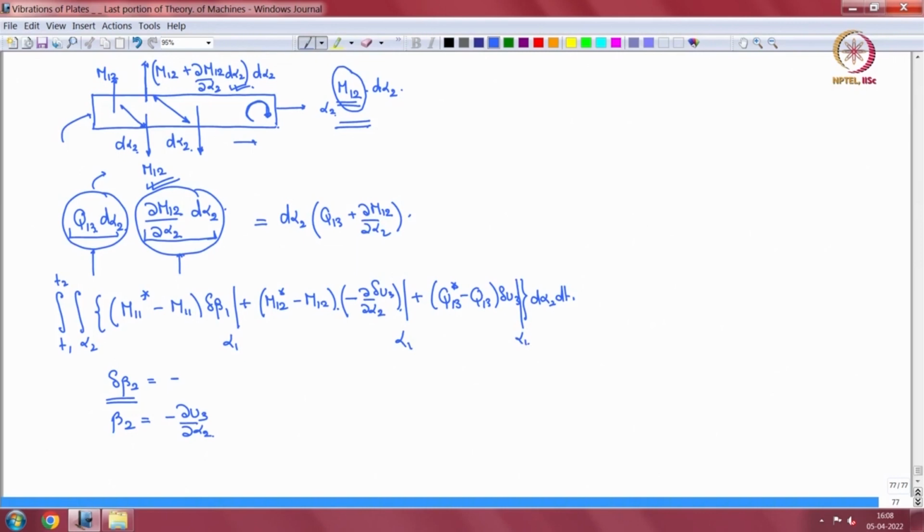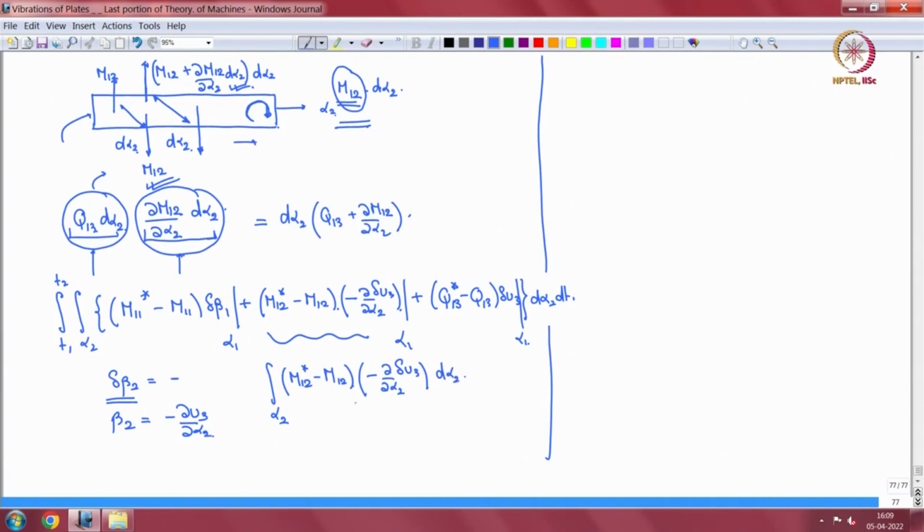Okay. So now what happens? Now what we have is that we look at just this term over here. So we have an integral over alpha 2 of M12 star minus M12, minus del alpha 2 delta U3, d alpha 2.